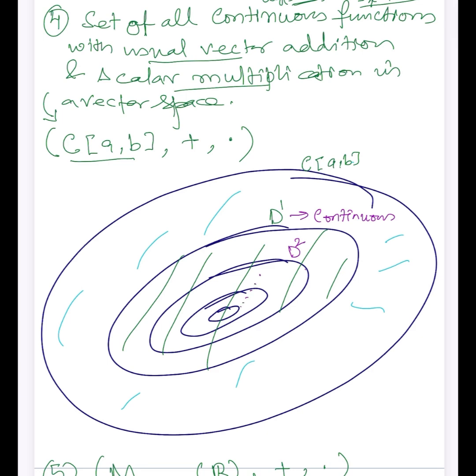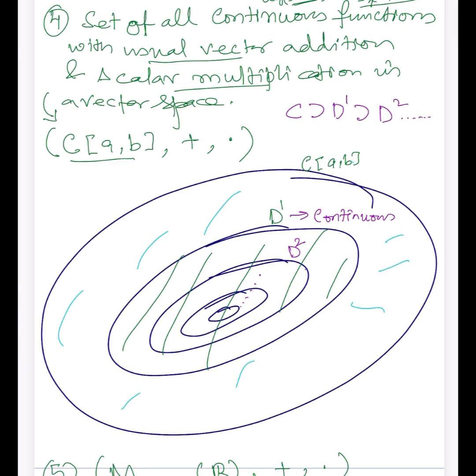We can continue like this, right? So you can see that C is a bigger space which contains D1, which contains D2, and so on. As you go further, you get into smaller spaces.